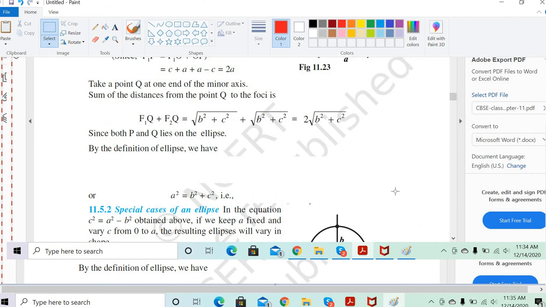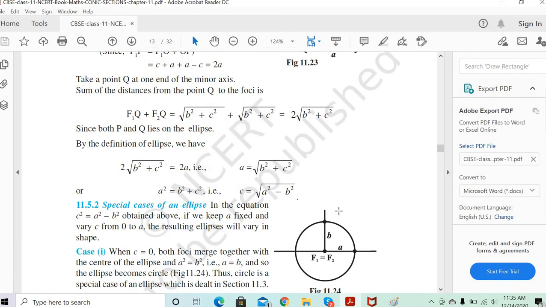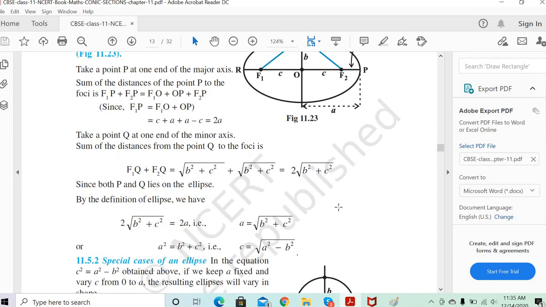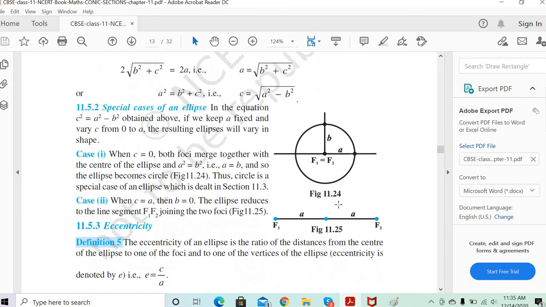Fine. Till then the relation is clear, the relation between the semi-major axis, semi-minor axis, and the distance between the foci. Clear? So remember this, okay? a square is equal to b square plus c square.